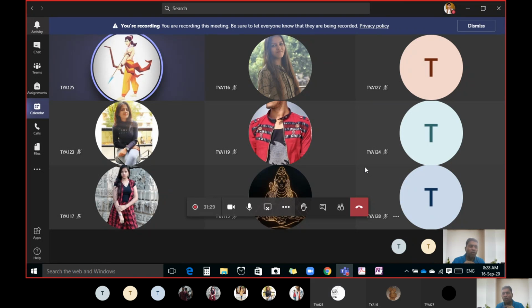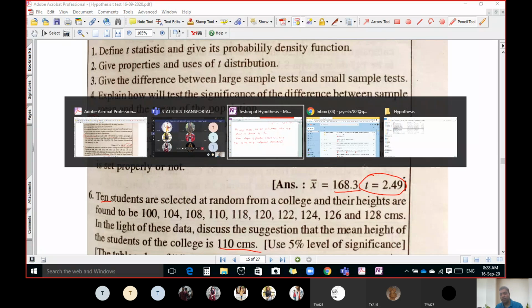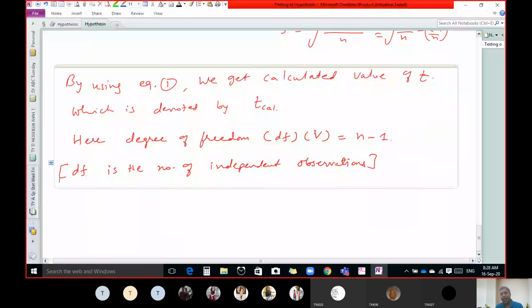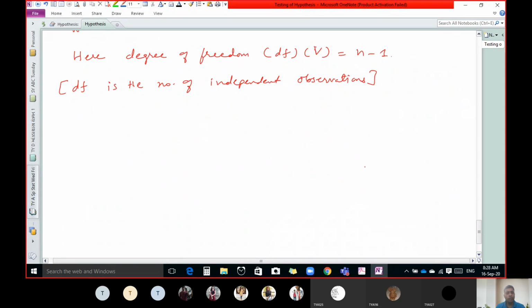Instead of the word variable, a better word is observations. Observation, yes, you are right. So the formula for this is n minus 1, and you can say that is the end of step 2. Now step 3.